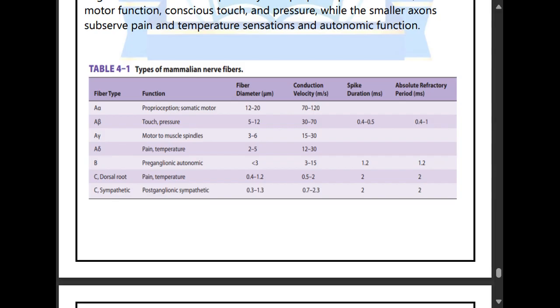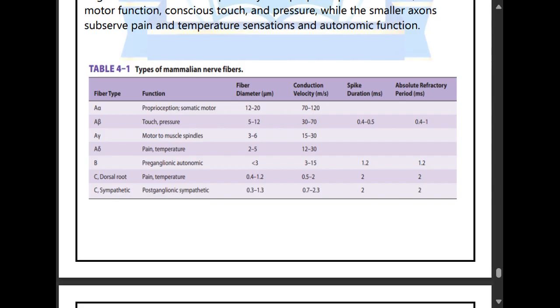Are we following? Okay, there's a question I'm seeing in the comment section. Someone is saying, is C fiber also known or called type 4 fiber? And why is it not myelinated? Anyone? Any takers?